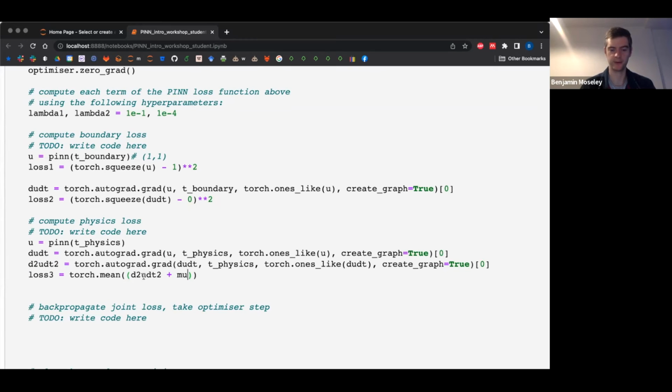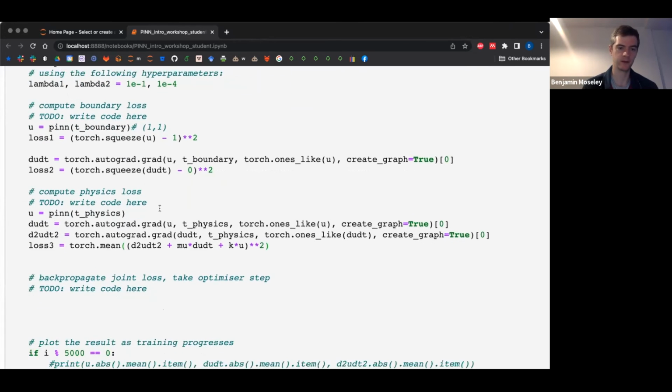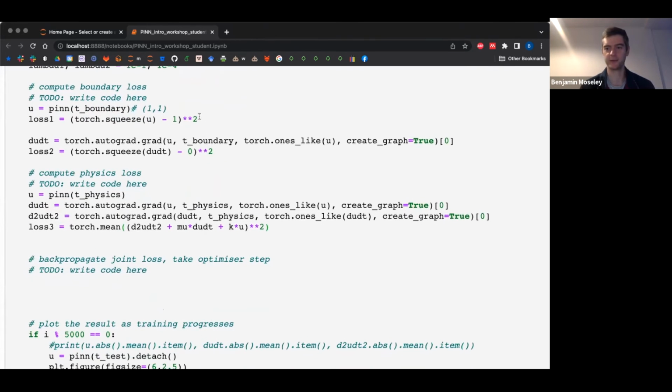So it's d2u by dt2 plus mu du by dt plus ku, like that. And then we're going to square this, and then we're going to take the mean. So very similar kind of machinery to the second boundary term, but the difference here is we're evaluating this residual of the underlying differential equation.